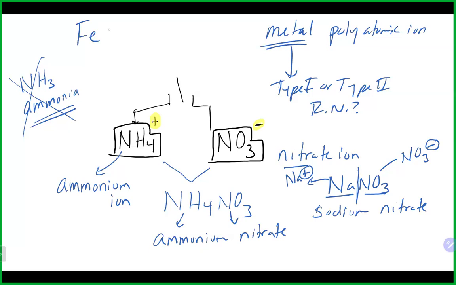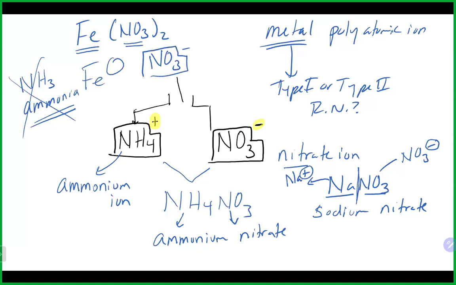Now, let's say I had this. When I look at this, iron, which is Fe, is a metal. We still have the polyatomic ion there. Is that metal, iron, a type 1 or type 2? It is a type 2, which means I do need a Roman numeral. So you still have to do what we did with type 2, which is that I'm not sure what the charge is, but when you look at your polyatomic ions, you will know what the charge of NO3 is, which is NO3 minus.